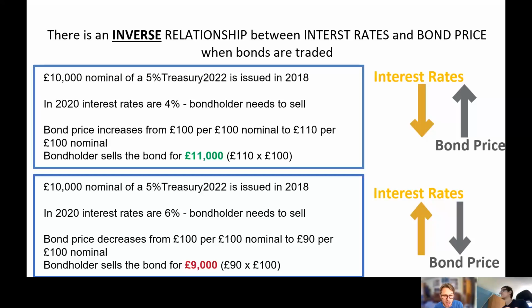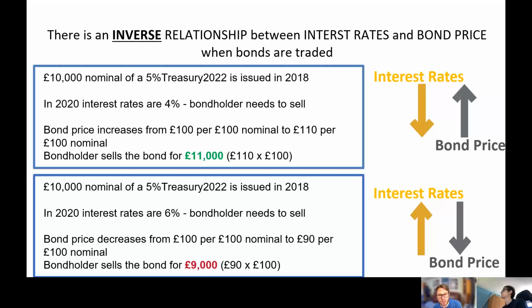So in this case the bond price decreases from the £100 per £100 nominal when it was issued to now £90 per £100 nominal. That means we sell the bond for £9,000, which is £1,000 less than the nominal value of the bond. So we've lost £1,000 if we sell that bond for £9,000.